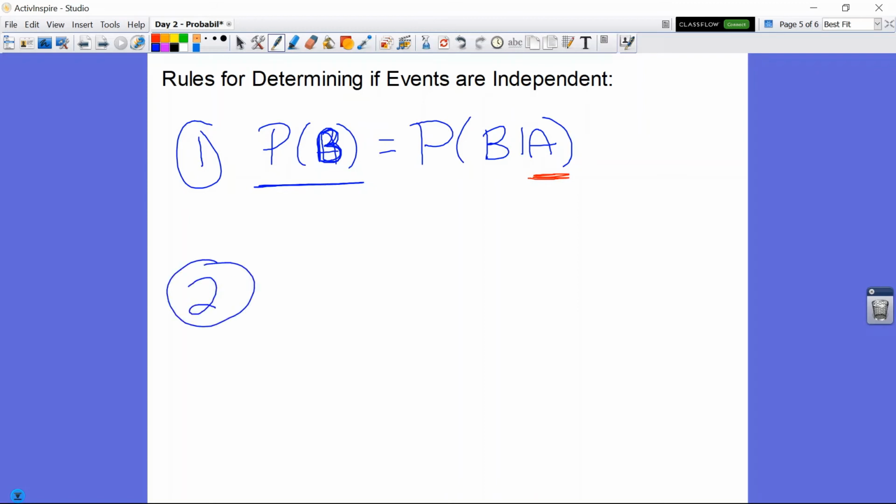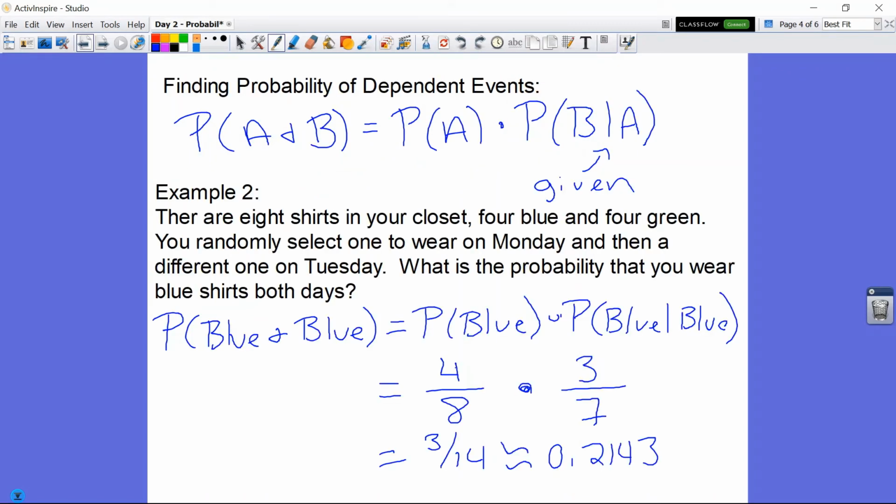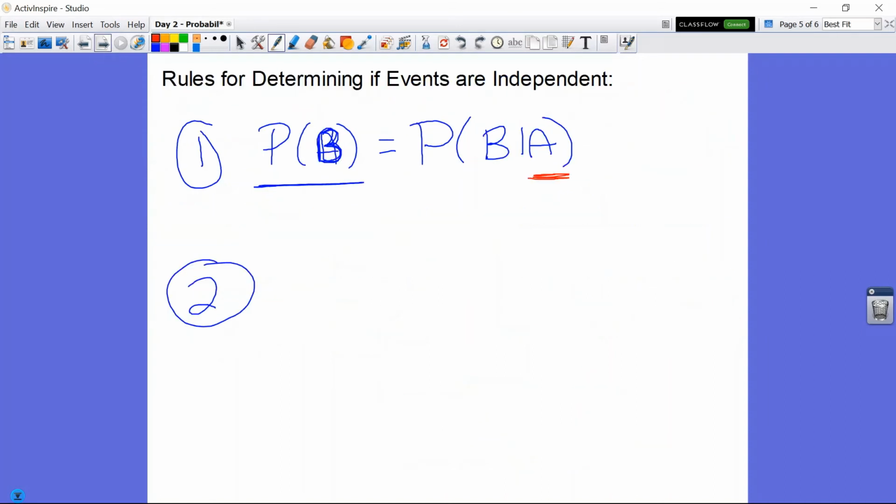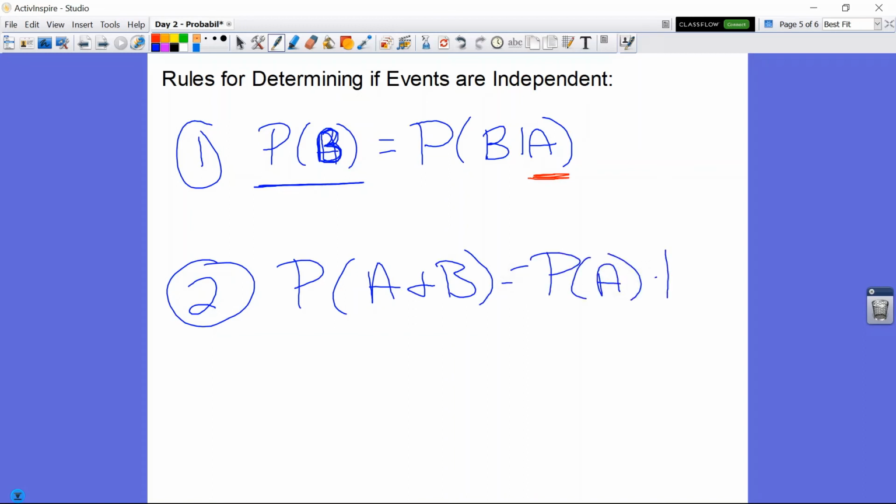So one way that this rule shows up is looking at our statement of the probability. Hang on, let me just scroll back here. This probability statement right here. So if events are independent, then the probability of B given A is equal to the probability of B. So if events are independent, we know that the probability of A and B occurring is just equal to the probability of A times the probability of B. So statement 1 and statement 2 are basically saying the same thing.